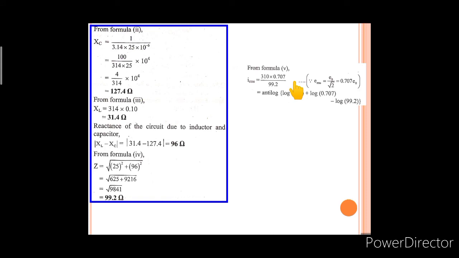99.2, and here we have to solve this by using the log, so that out of the bracket we have to write antilog, and in the bracket we are supposed to write log A plus log B minus log C, as 99.2 is there in the denominator, so we have to subtract its log value.